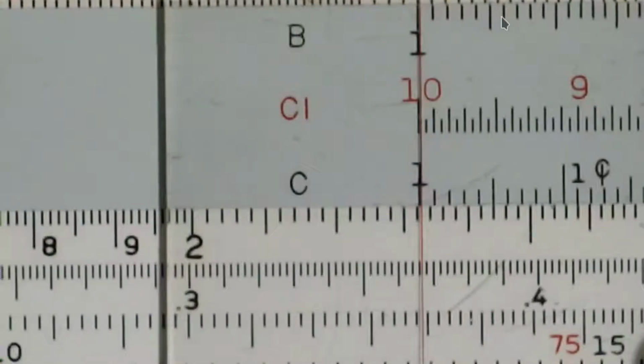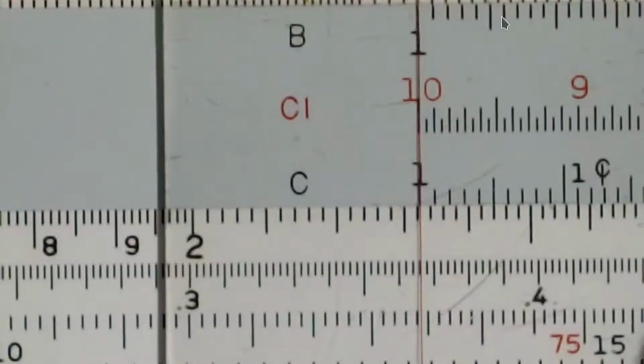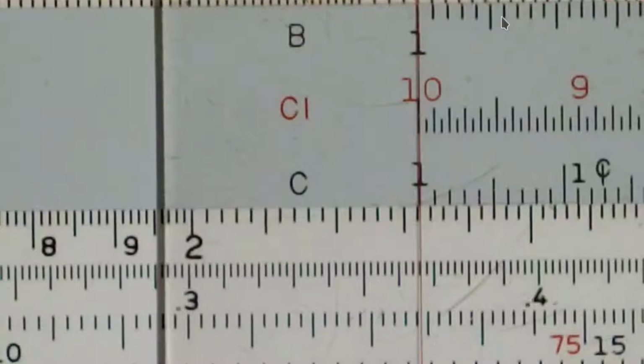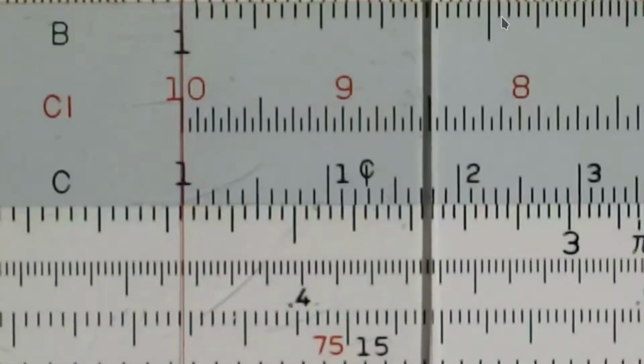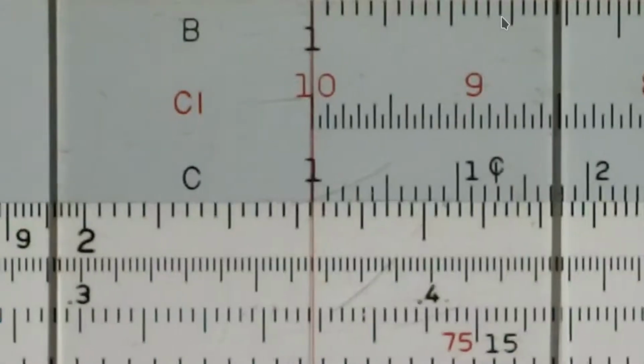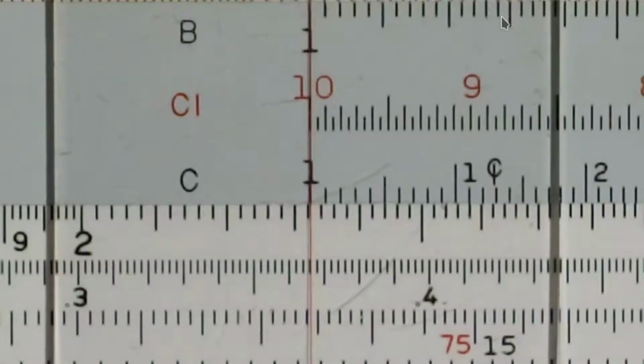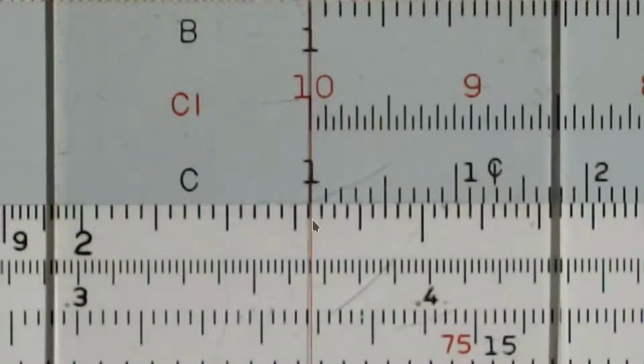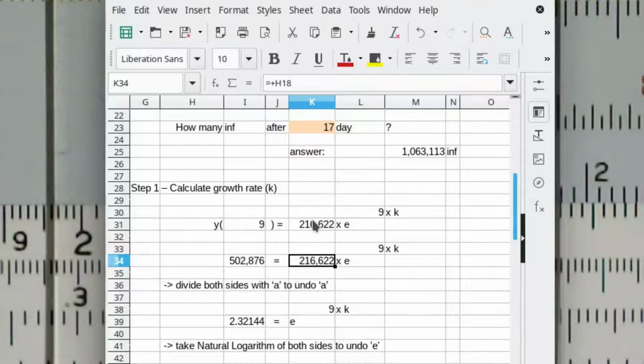just above 2, so we'll have to look around, how do we interpret that number. If that's 2 and that's 3, and 2.5, 2.4, 2.3, 2.32 and a bit, you can see that it just goes over 2.3, and what we're expecting is 2.32 and a bit.